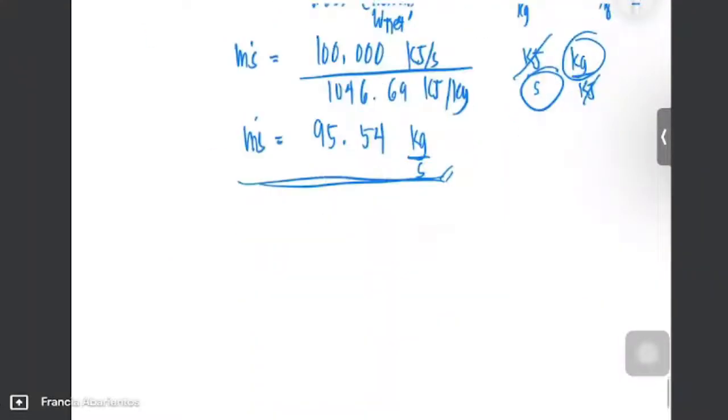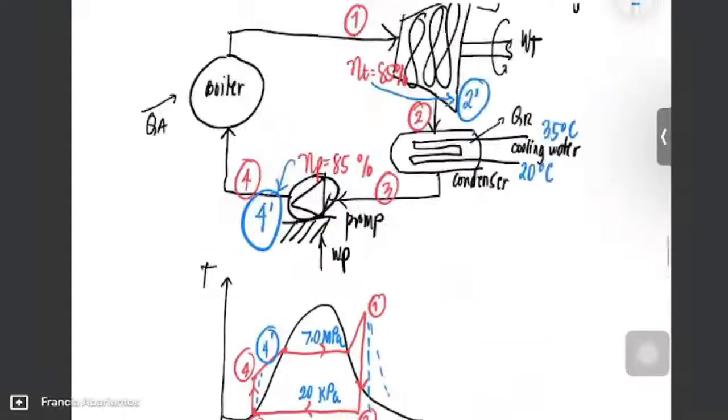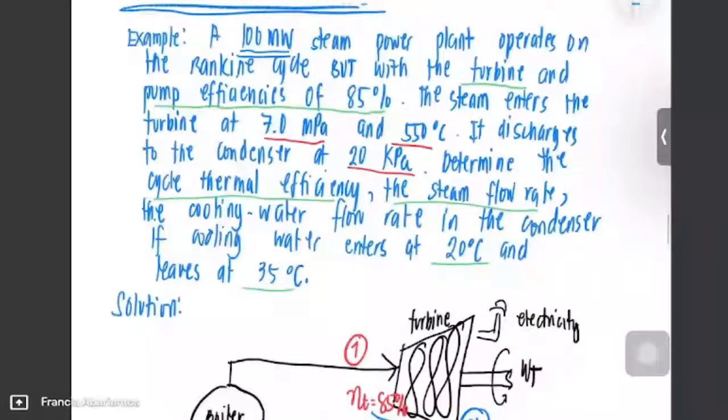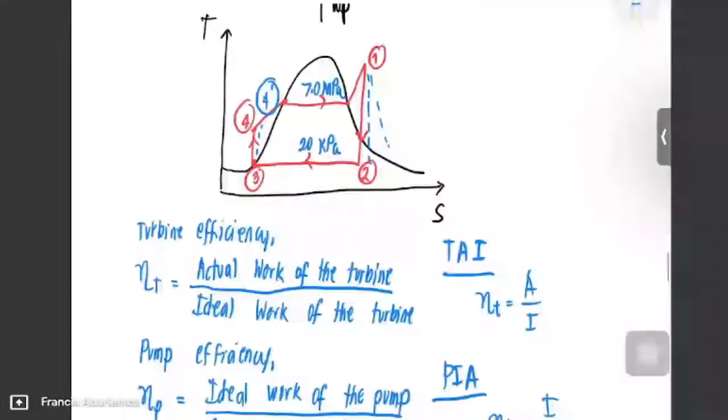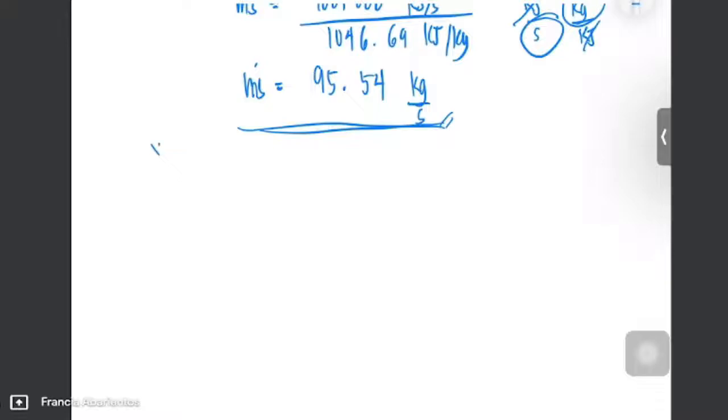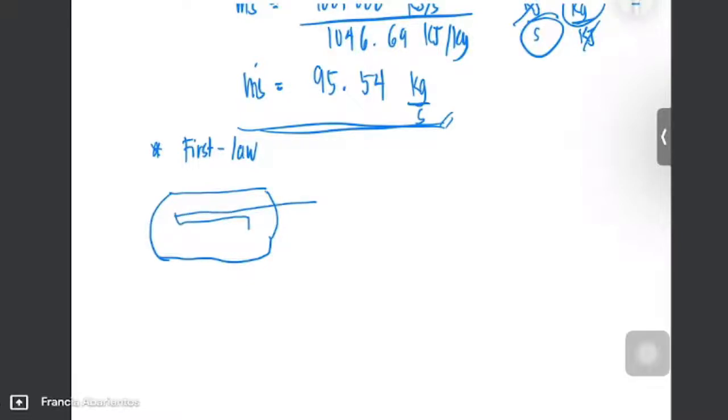Going back, na yung pangatlong tanong sa atin, determine the cooling water flow rate. Condenser cooling water enters at 20 and leaves at 35. Okay. So, first law analysis, the condenser. So, ito yung condenser natin. Entering 20, leaving 35.